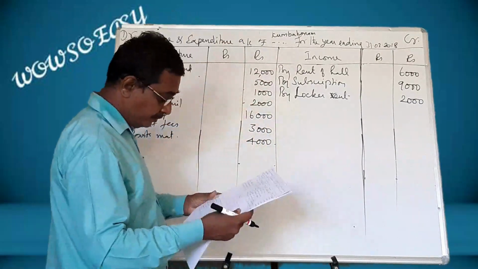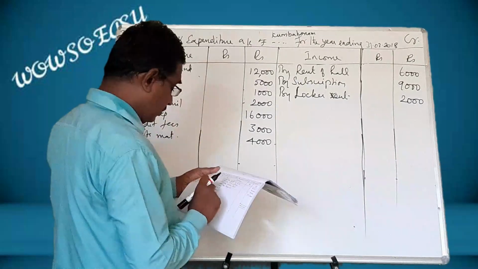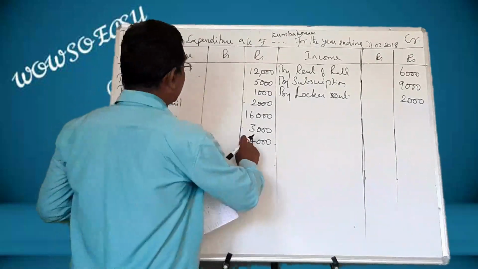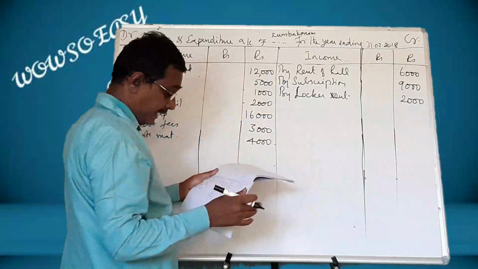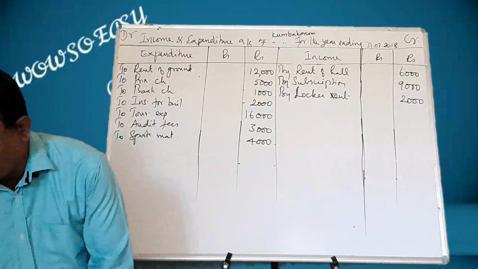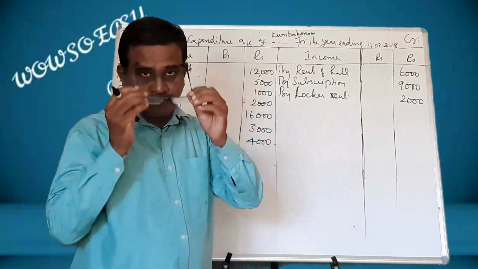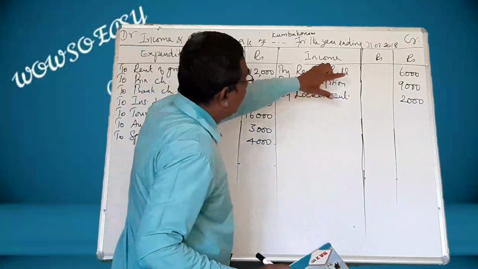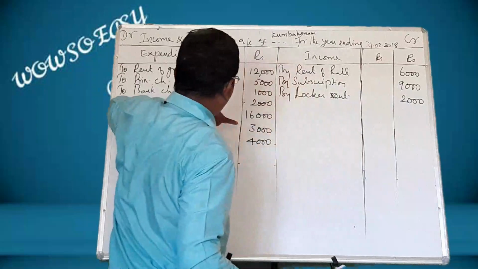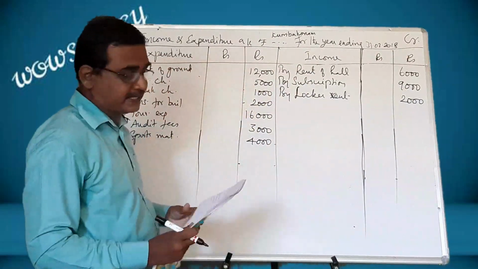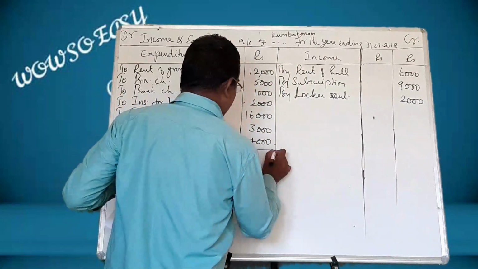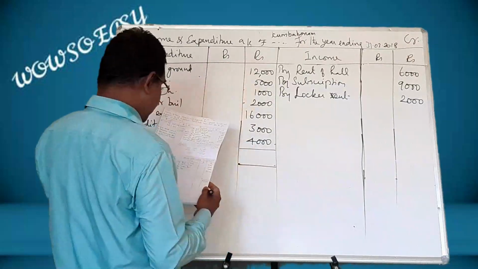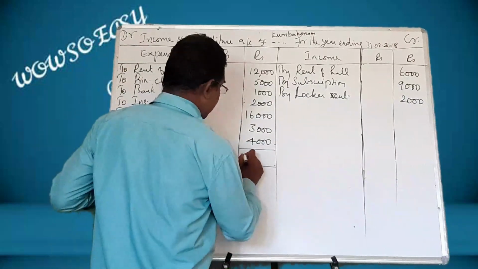See, we have done how many items? 1, 2, 3, 4, 5, 6, 7. So now we go for balancing these two. This side is exceeding. Let us first find the total of this side, and that total comes to 43,000.